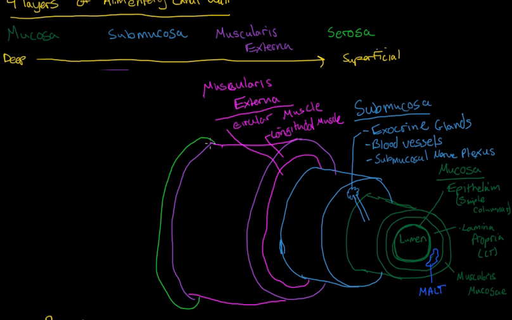So we've got our layer here of connective tissue, and that connective tissue is going to be on the inside this time instead of outside of the epithelium. So we've got our serosa, and we've got our layer of connective tissue, and then our layer of epithelium or mesothelium.